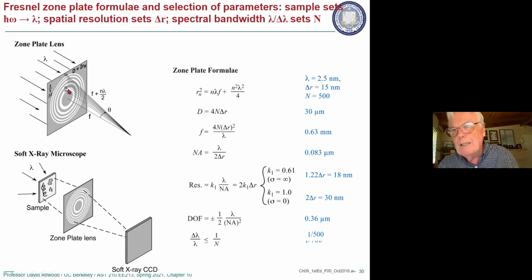You might want to have 1,000 zones so you capture more radiation, but the bandwidth of your source limits you to a certain number of zones. So if you're at an undulator, which has a natural bandwidth of 1 part in 80, then you can only have 80 zones. So that's how you set the wavelength, the outer zone width. It's going to set spatial resolution, and the total number of zones, and therefore the diameter and everything else. Okay.